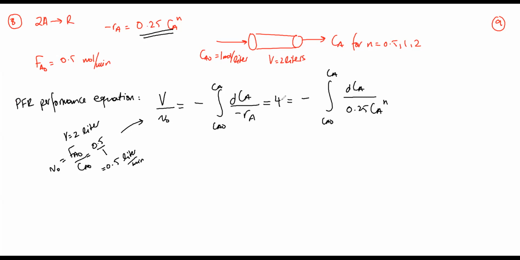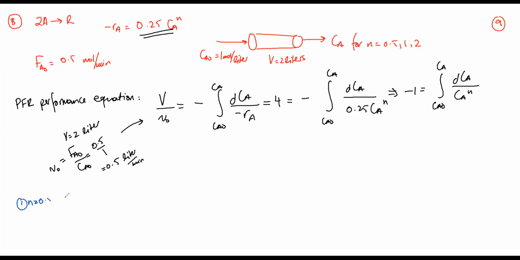So I'm going to multiply minus 0.25 by 4 and move this negative side to the other side just to clean up this expression. So basically I'm going to get -1 is equal to integral CA naught to CA of dCA divided by CA to the power n. Okay, sounds good. So now let's solve it for the three cases. So I need to solve it for n equals 0.5, n equals 1, n equals 2. Let's start with the first case here.